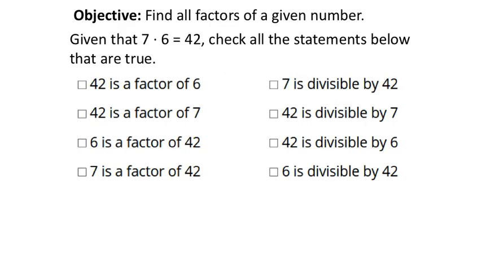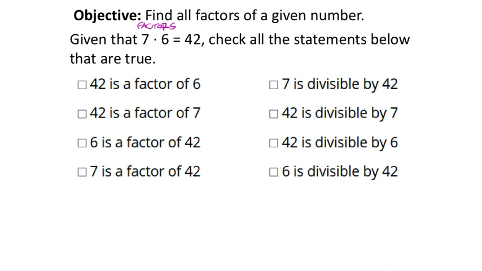So based on what we know, we should be able to answer this question. Given that 7 times 6 equals 42, check all the statements below that are true. Before we do this, there's some vocabulary down here. In this problem, 7 times 6, 7 and 6 are both what we call factors.